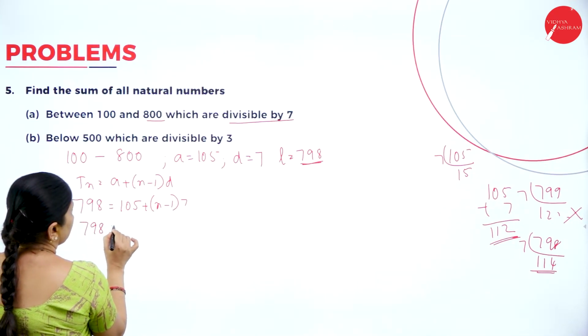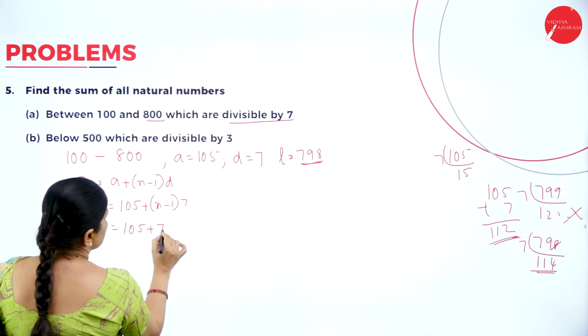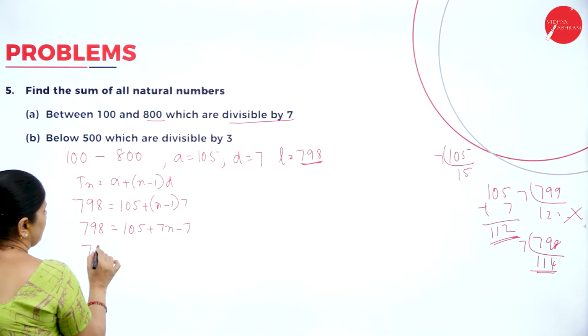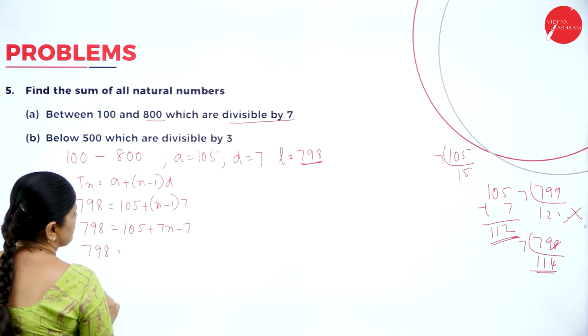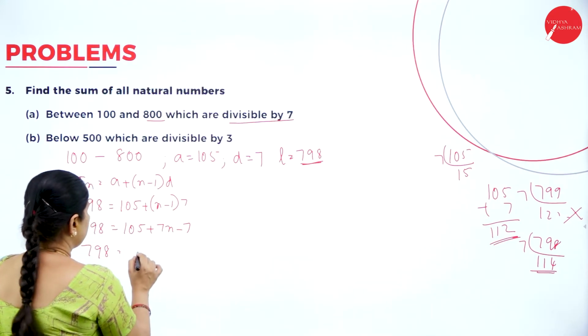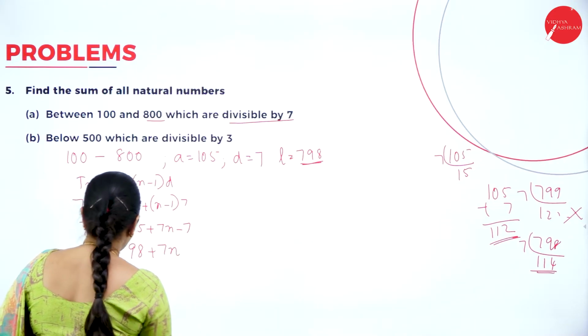So 798 equals 105 plus 7n minus 7. 798 equals 98 plus 7n.